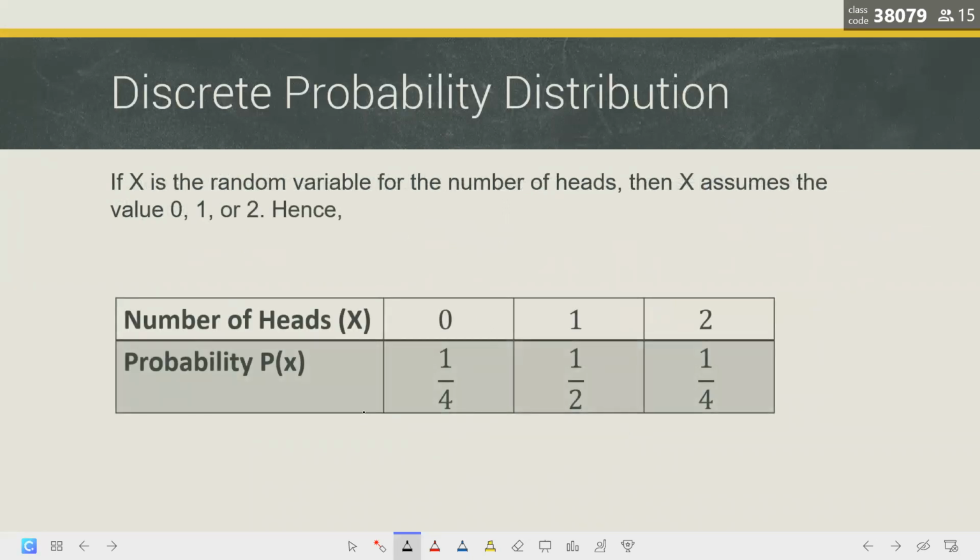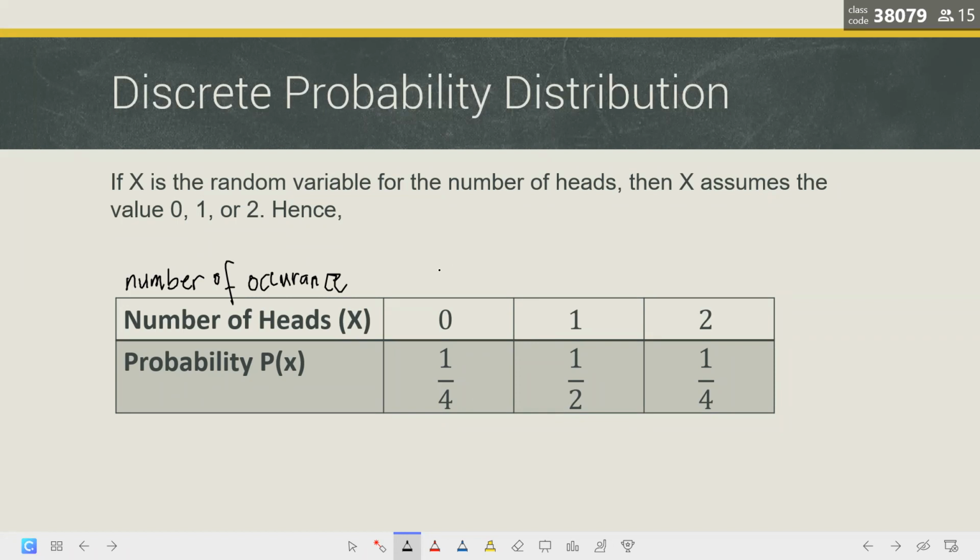Kung i-label natin siya, kunin natin yung number of heads. Tapos, 0, 1, and 2. Di ba? Yun lang naman. Tapos, lagyan ko sa tabi, number of occurrence. When we see occurrence, ilang beses nag-appear yung walang head, yung may 1 head, at yung may 2 head.